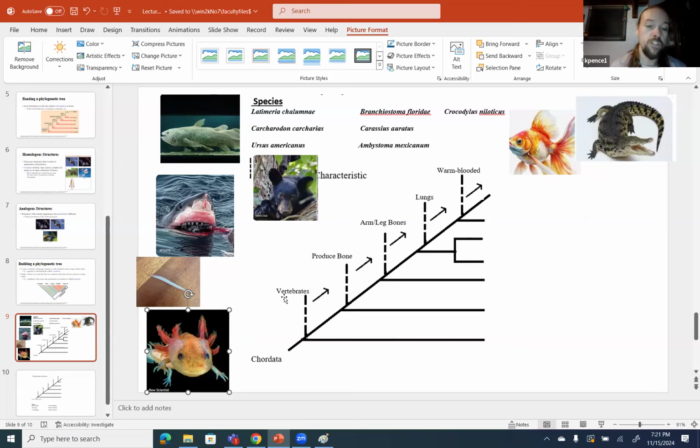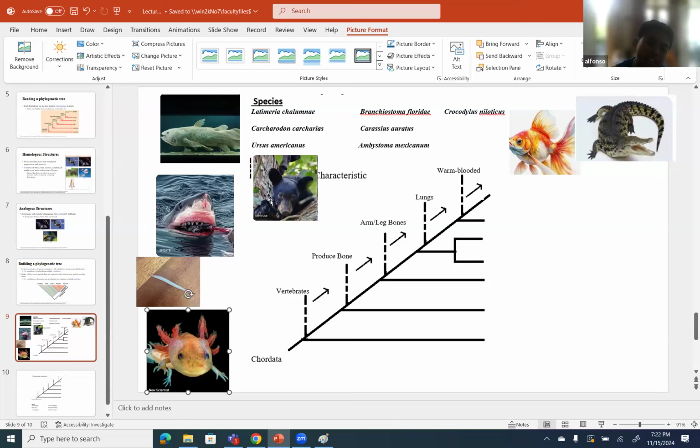There's one individual on the screen that doesn't have a vertebral column. Anybody want to take a guess which one it is? Everybody knows what the spinal cord is, right? Which one?